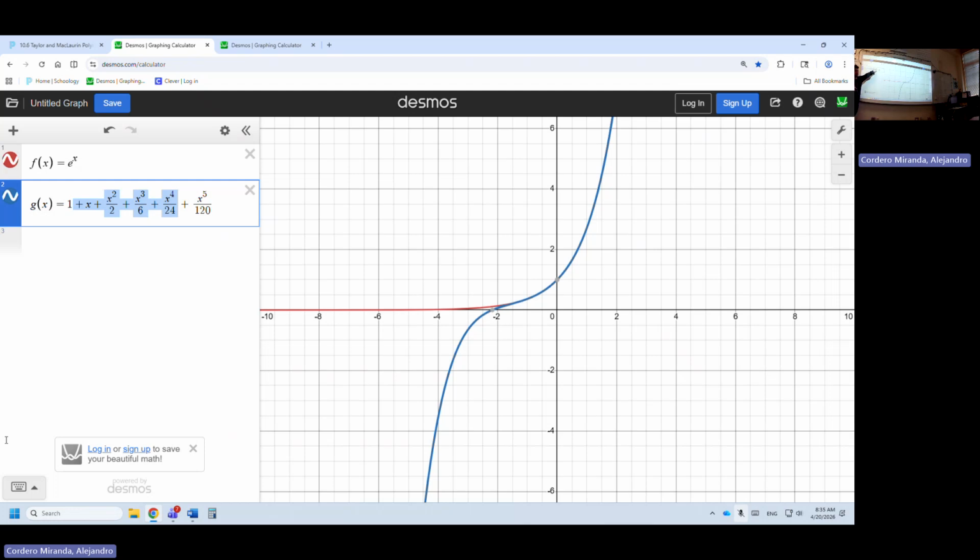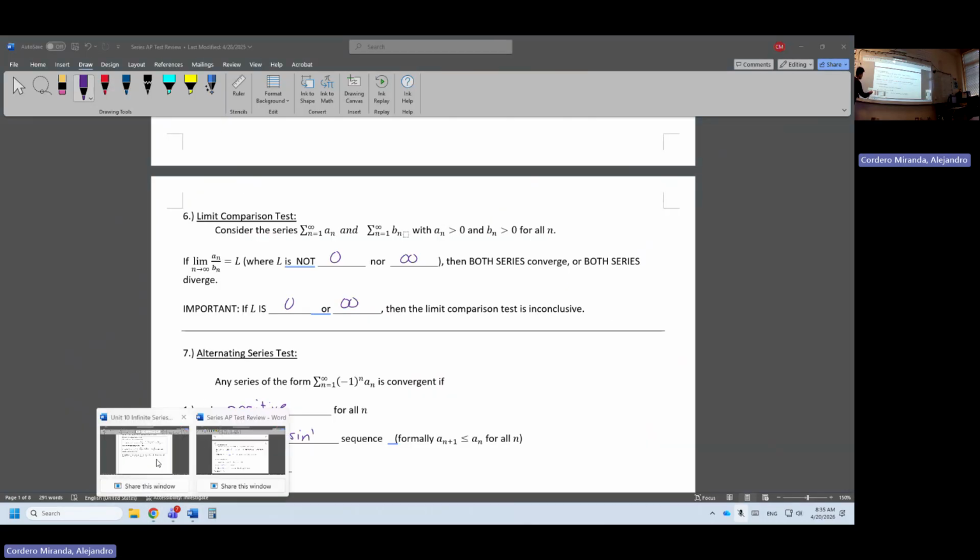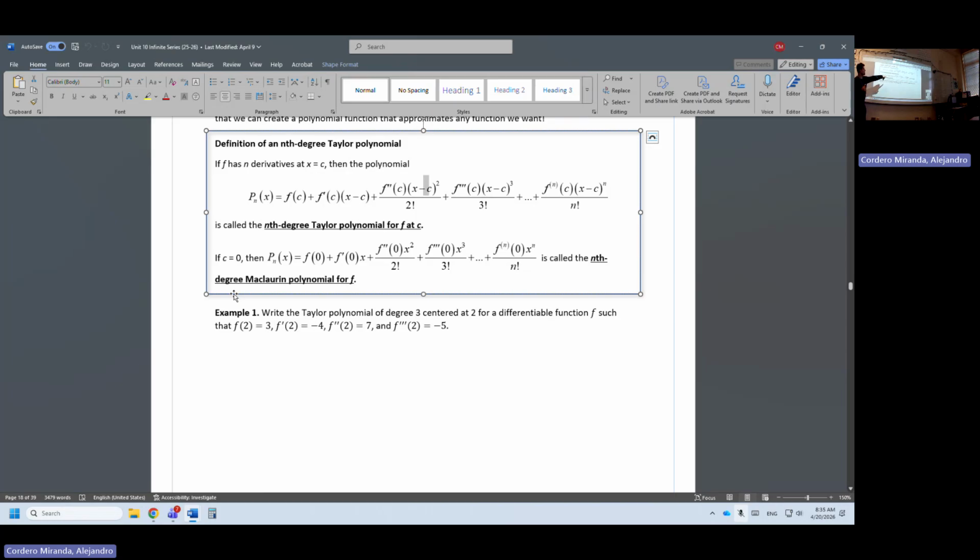Notice that I used the point 0 to center my polynomial at, matching the function value, first derivative, second derivative, matching all those values at 0. This question is asking about matching all the values at 2 instead of at 0.